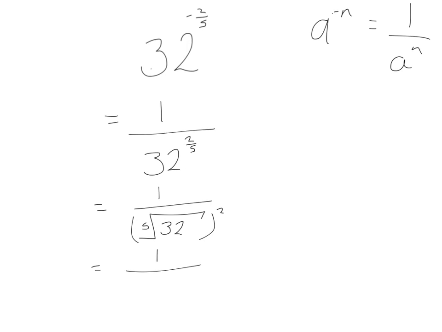That means what times by itself 5 times is 32. So 2 times by itself 5 times is 32. So that would be 2, and then I have to square my answer because of this here. If I were just to simplify this, this would come to 1 over 2 squared, which is 4.